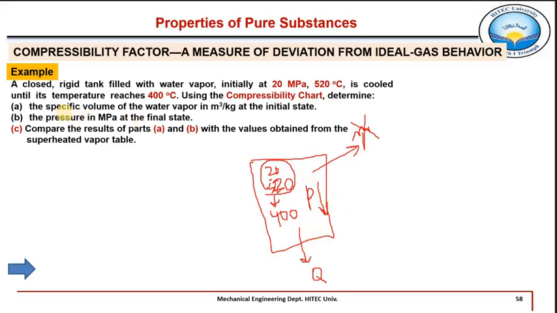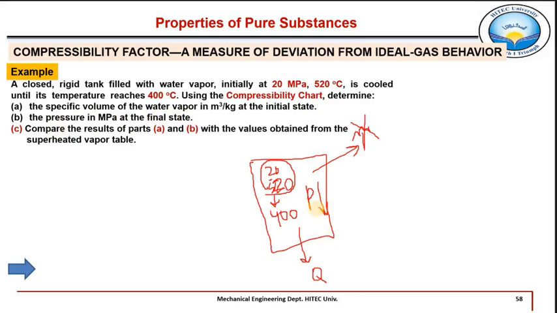So we need to find out, using the compressibility chart, the specific volume of the water vapor. Specific volume means cubic meters per kilogram at the initial state. The initial state is when temperature was 520 and pressure was 20 megapascal. The second part is to find the pressure in megapascal at the final state.